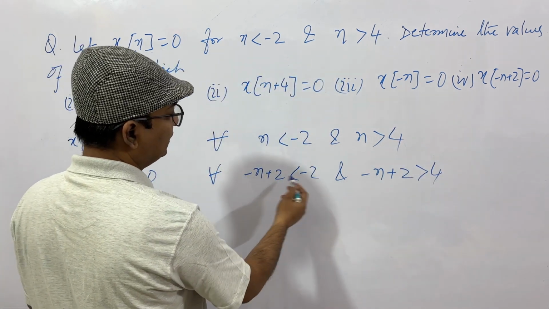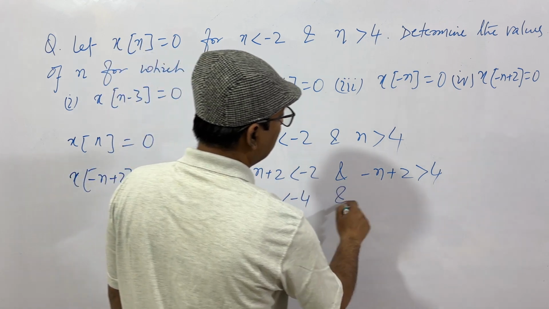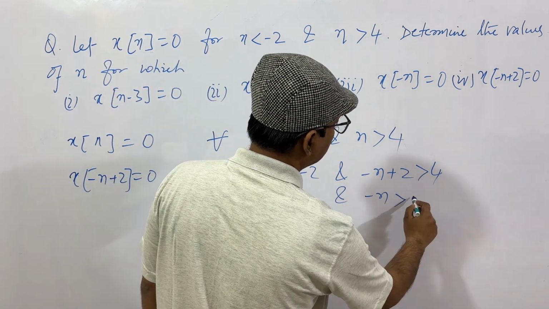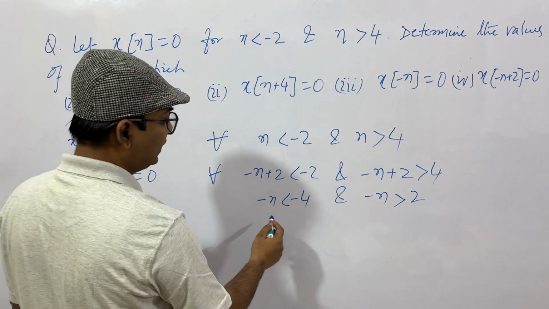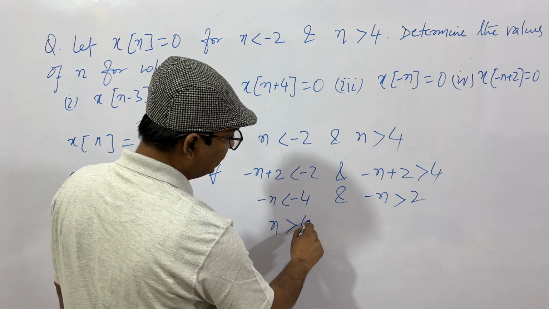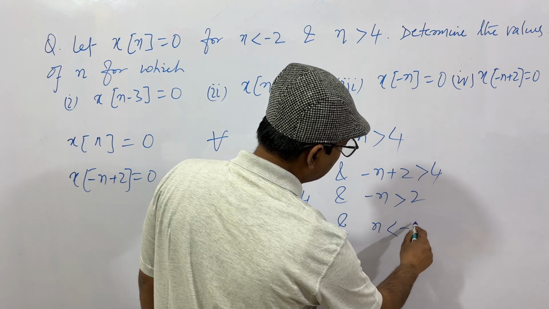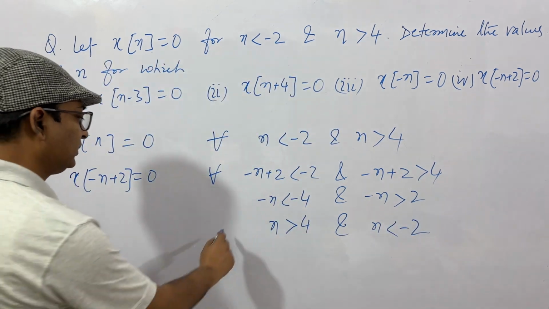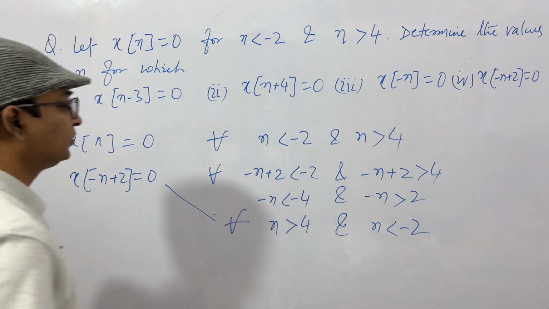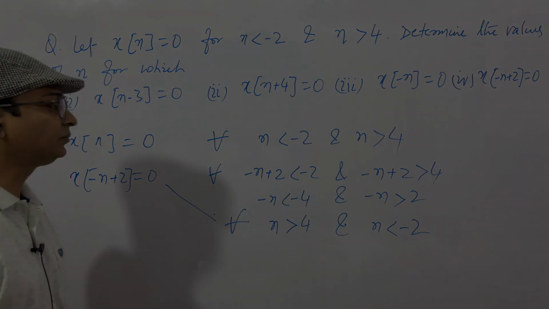Taking the 2 to the other side, minus n less than minus 4 and minus n greater than 4 minus 2, that is 2. Now, multiplying by minus 1 and reversing the inequalities, n greater than 4 and n less than minus 2. So, this is the condition: for these values of n, this function will be 0.